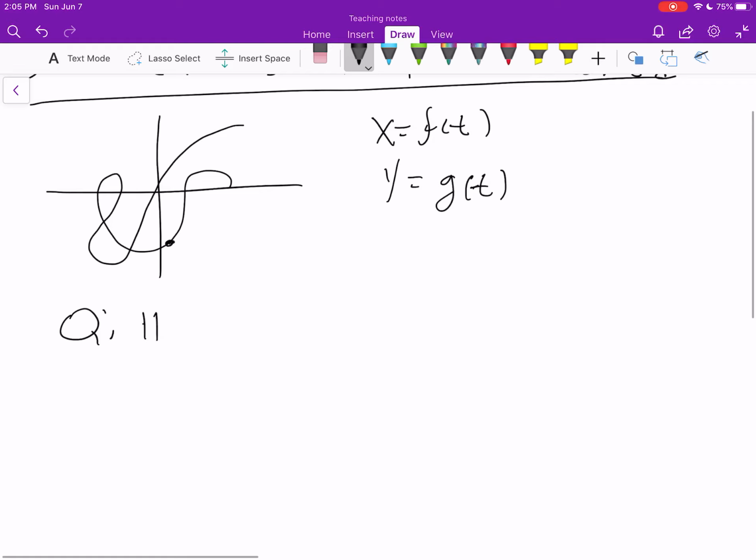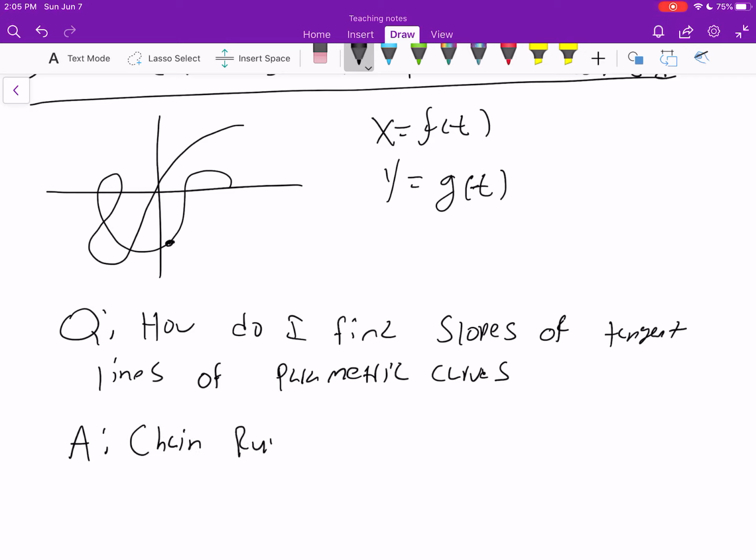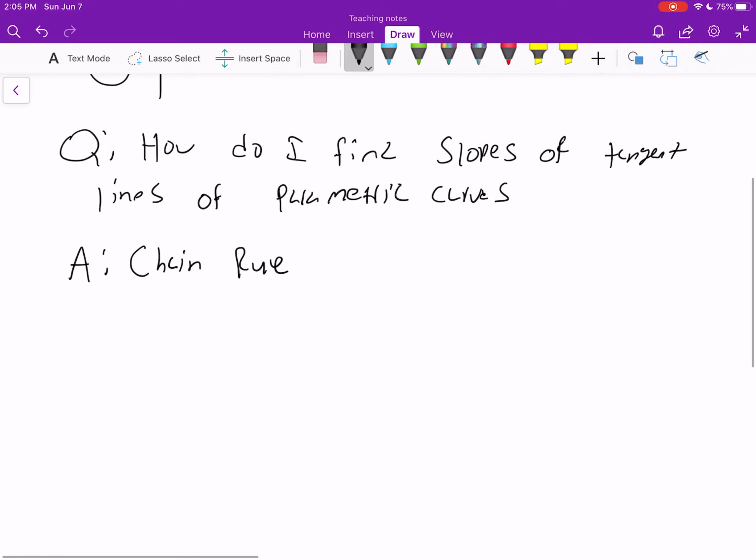So the question is, how do I find slopes of tangent lines of parametric curves? And the answer is going to be chain rule. What I mean by that is, what I'm trying to find is dy/dx.